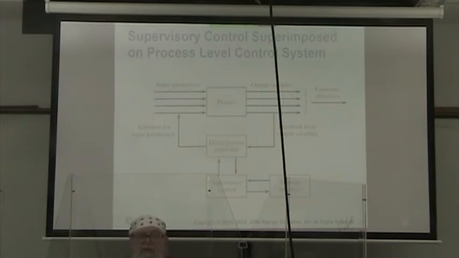Our supervisory control superimposed on a process level control system. All right, so once again, we have our input parameters, we have our process, we have our output variables, right? The output variables we want to line up with our economic objectives. We get feedback from our output variables that goes into our direct process controller.